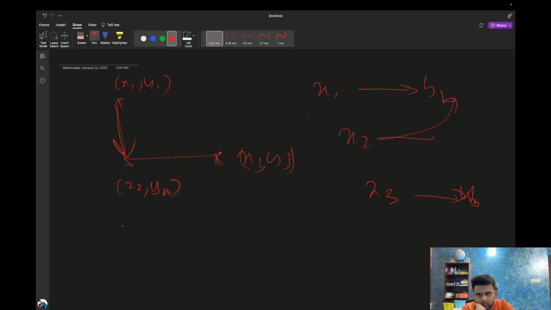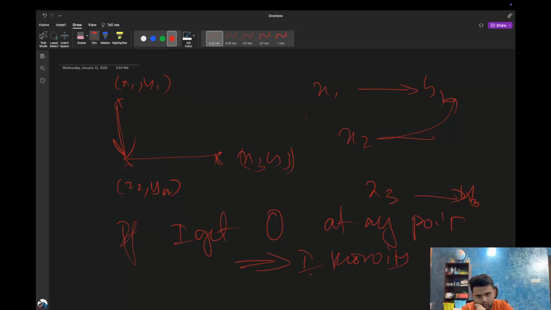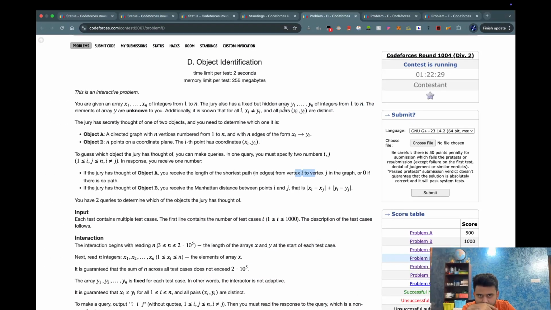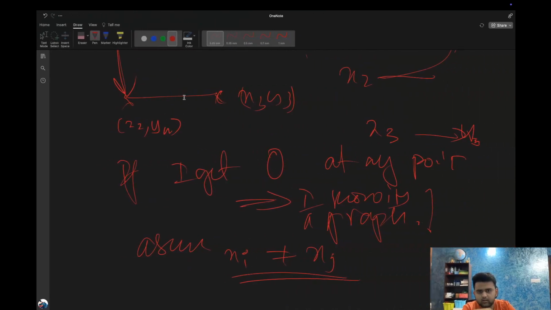So if I get 0 at any point, I know it's a graph. Assuming xi is not equal to xj. All pairs are distinct. Okay, I can just assume this.